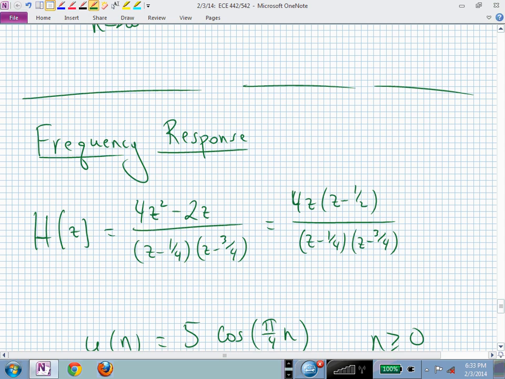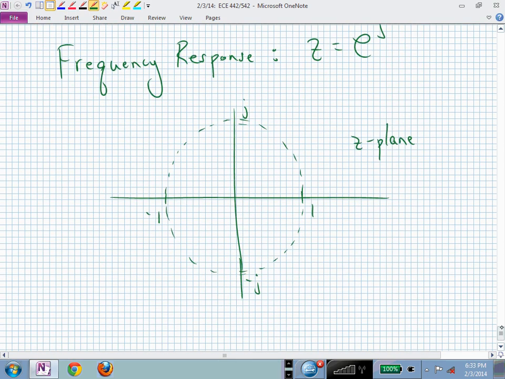It gave us a 0 at the origin, another 0 at 1/2, a pole at 1/4 and another pole at 3/4. And we can now put those on this z-plane sketch. We had a 0 and another 0, and then we had poles.